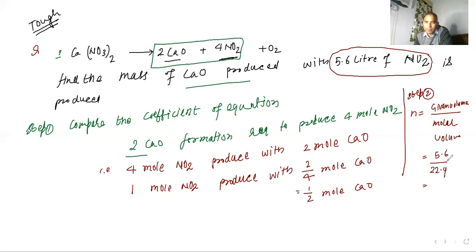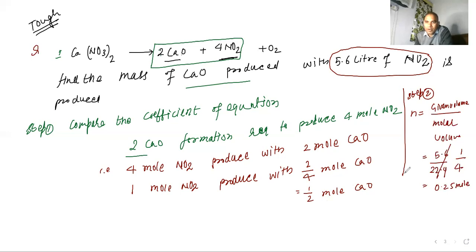How much will come? 5.6 by 22.4, so 1 by 4 will come. 1 by 4 means 0.25, yes or no?